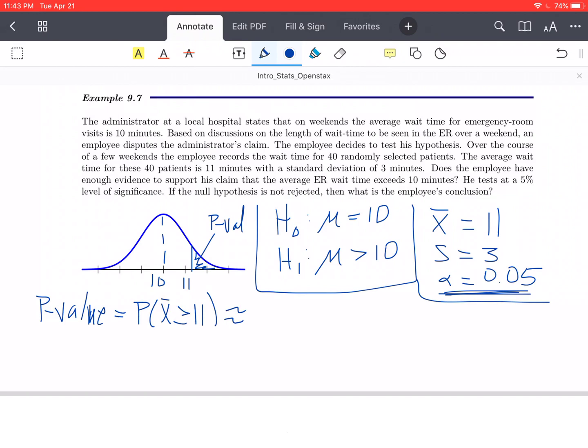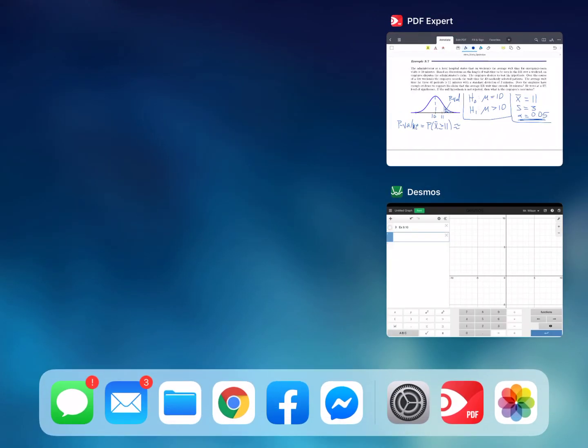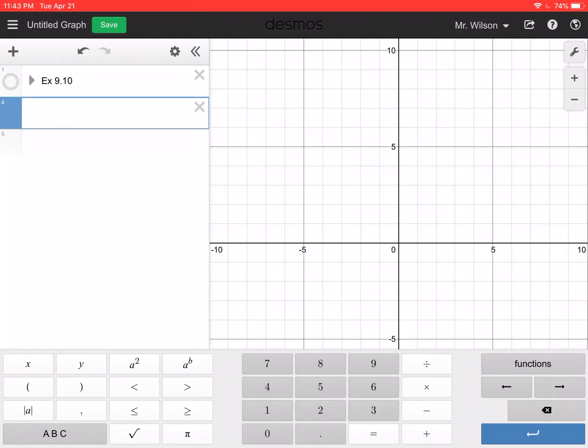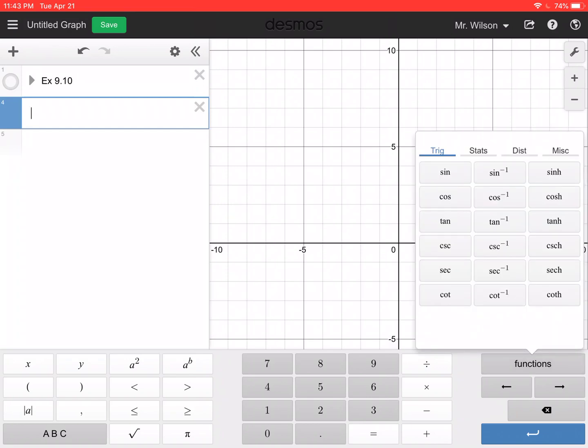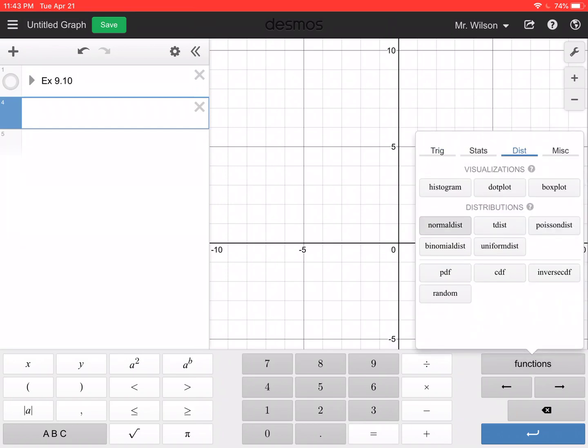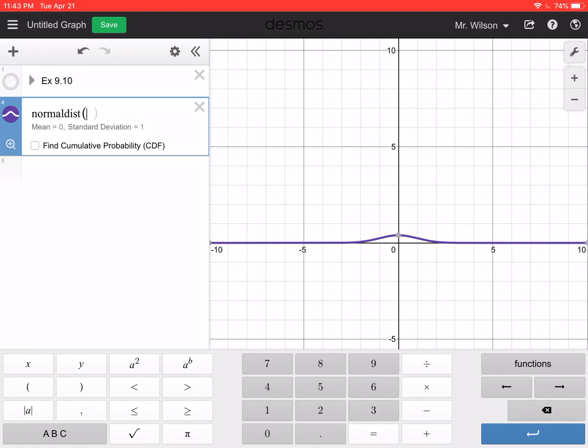Okay, so let's go ahead and run this over to Desmos so that we can run this calculation. Okay, so we're using the normal distribution, okay, with a mean of 10 and a standard deviation of 3.